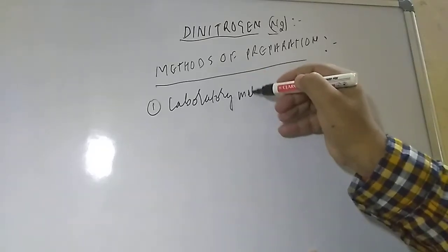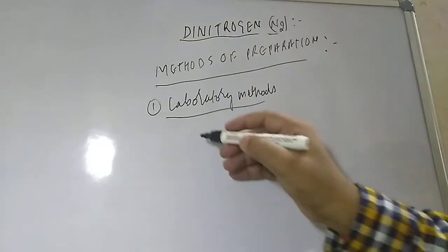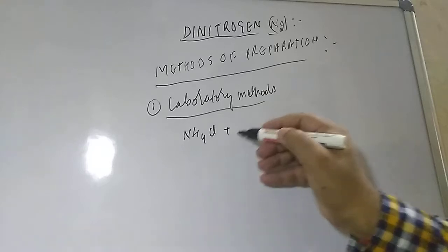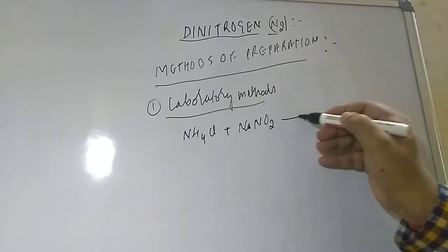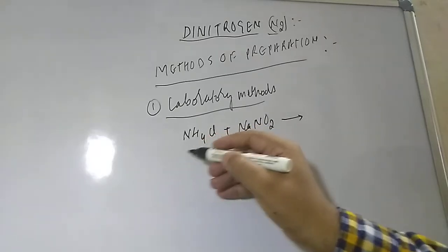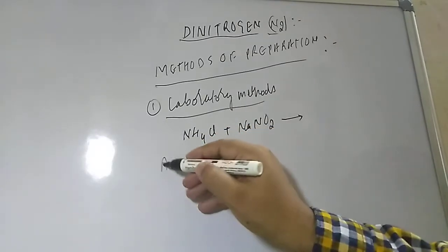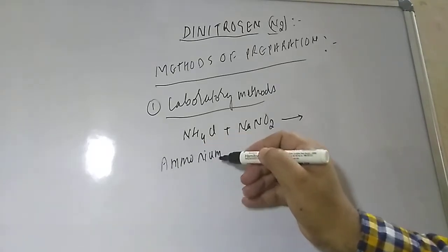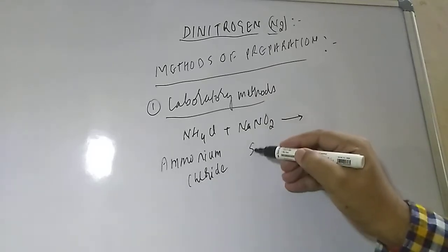In the laboratory method, we take an aqueous solution of ammonium chloride, NH4Cl, and sodium nitrite, NaNO2. This is ammonium chloride, and this is sodium nitrite.